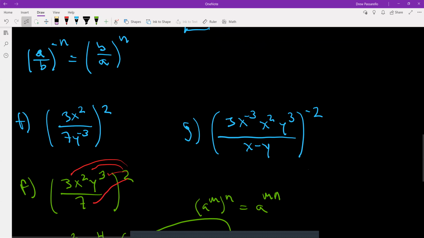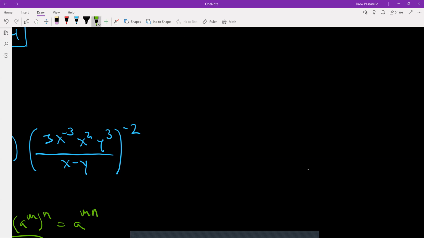Okay, so for this one, we got 2 negative exponents. I'm going to first take care of this one. And again, if I have a fraction like a over b raised to some negative exponent, you flip the fraction. So it's b over a, and then change the sign of the exponent.